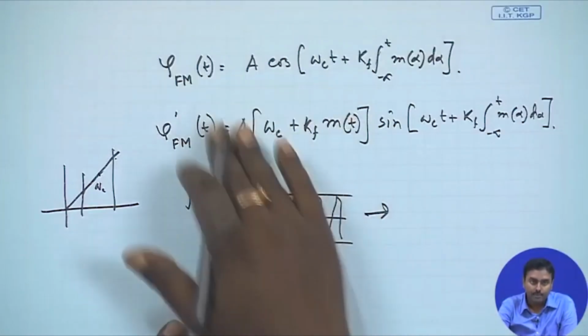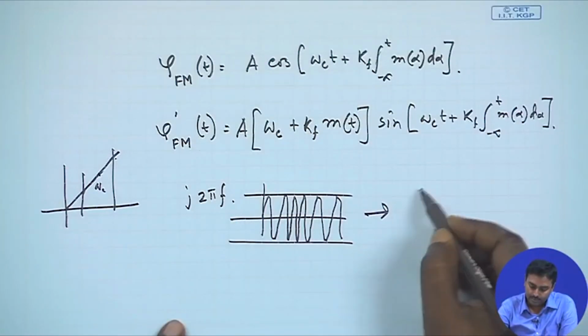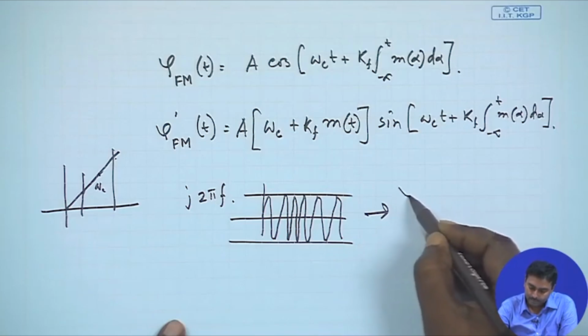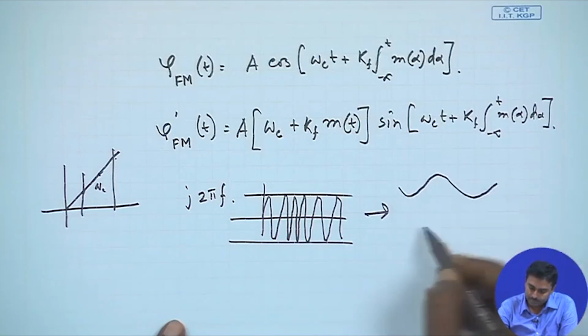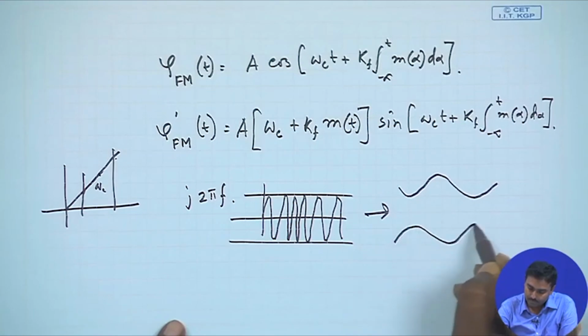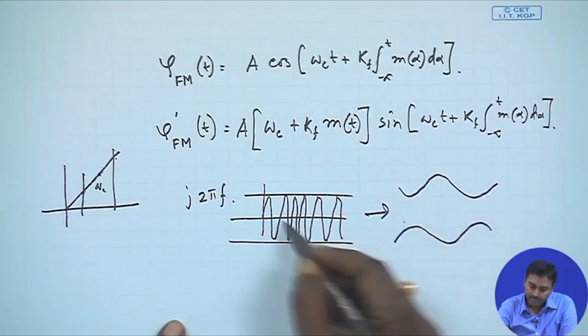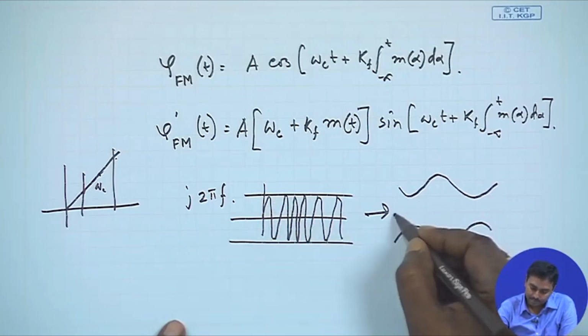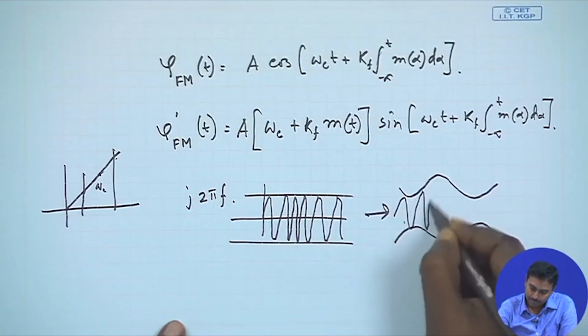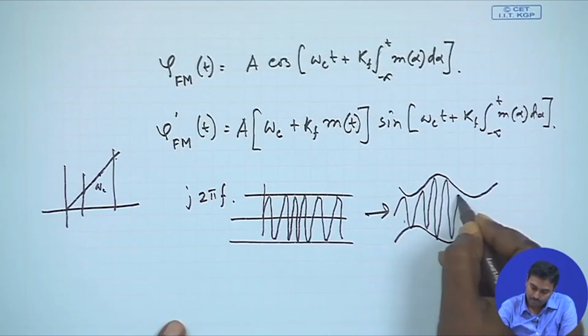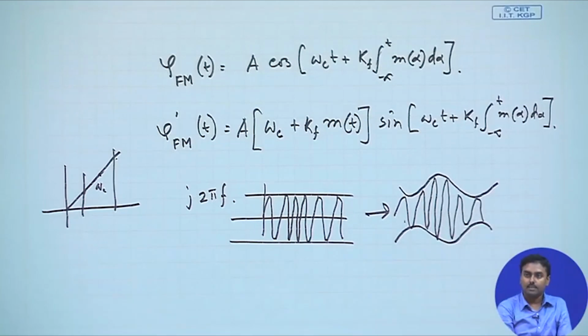So, once I pass it through a differentiator, it will look like this. And inside also the same pattern will be coming. Something like this. Okay. This is what will be happening.